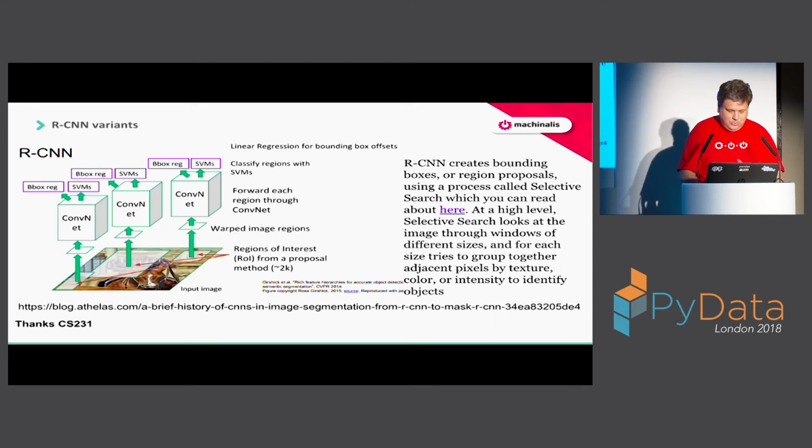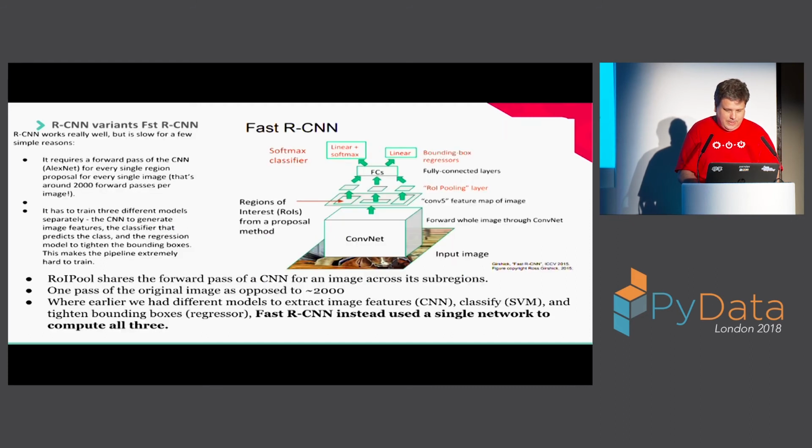So just one year before, the Fast RCNN architecture appeared, in which the final decision about the class of the proposal was done with a convolutional network.